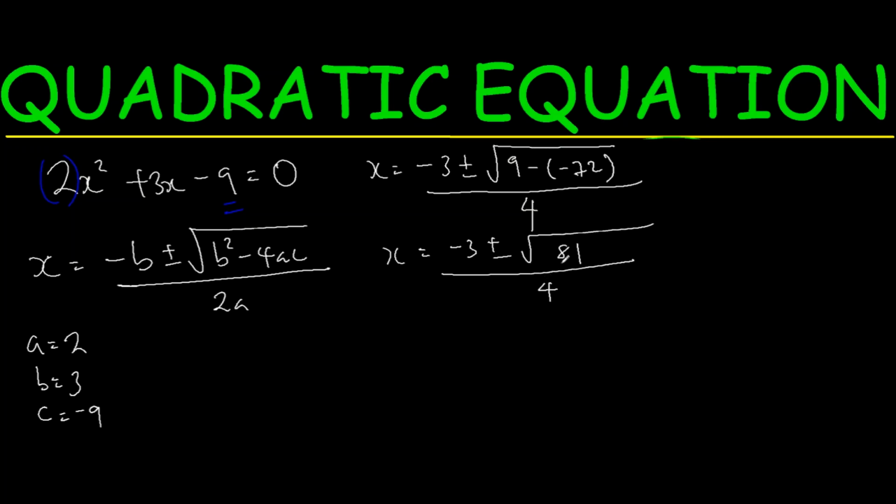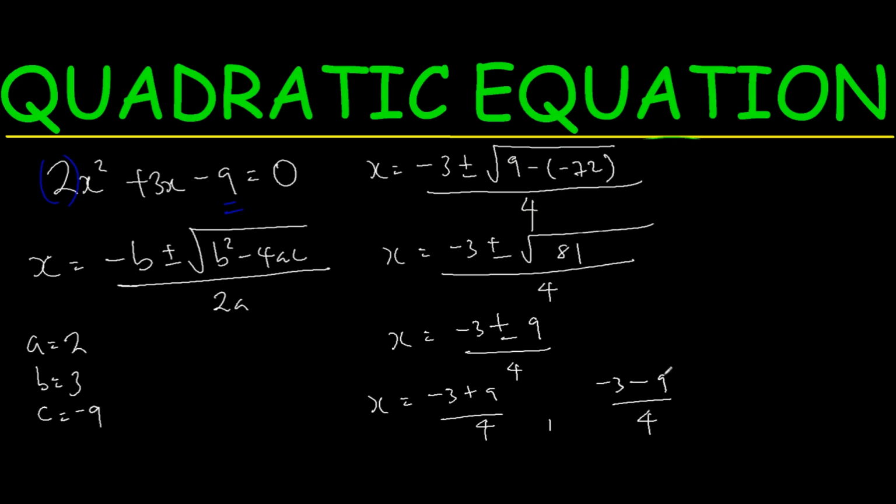So here we have x is equal to minus 3 plus or minus the square root of 81, which gives us 9, over 4. So we have x is equal to minus 3 plus 9 over 4 on one side, and x is equal to minus 3 minus 9 over 4 on the other side.